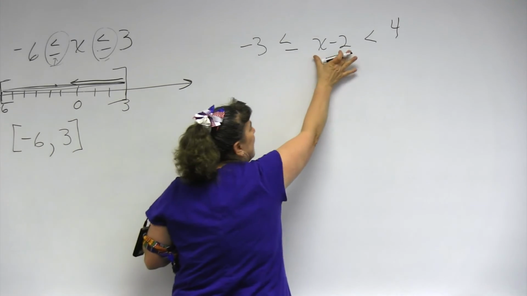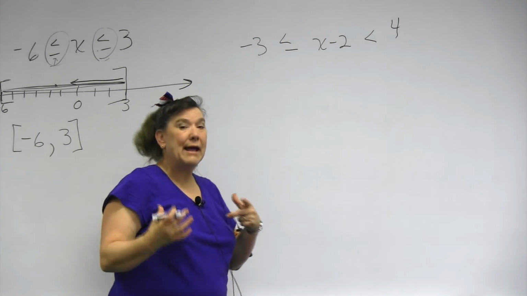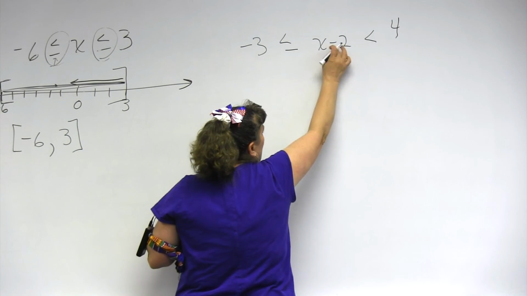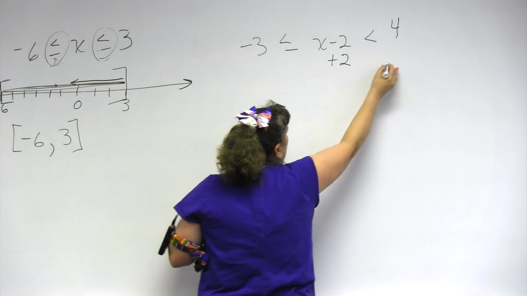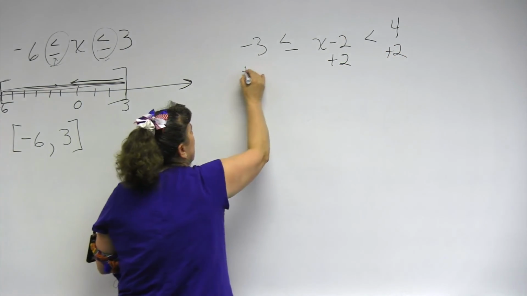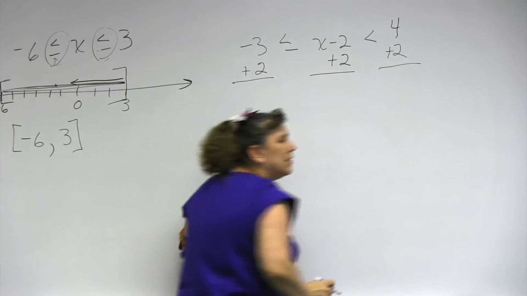First of all, x is not alone. So the first thing you're going to do is get x all by itself by doing the opposite. The opposite of -2 is a +2. So that makes that 0, but we have to do the same on this side and the same on this side. So you do all 3 of them at the same time.